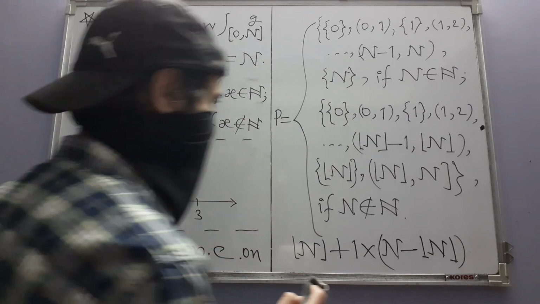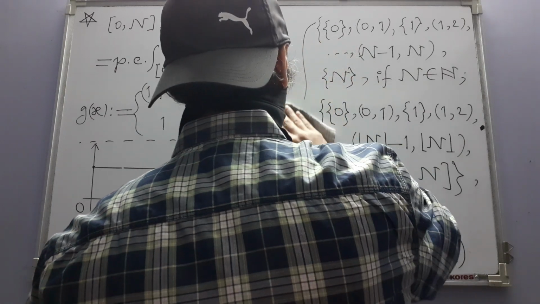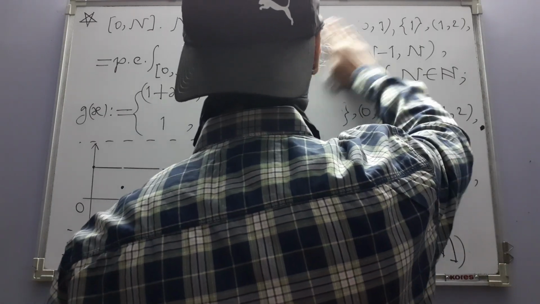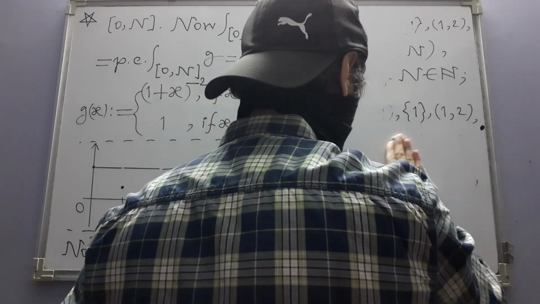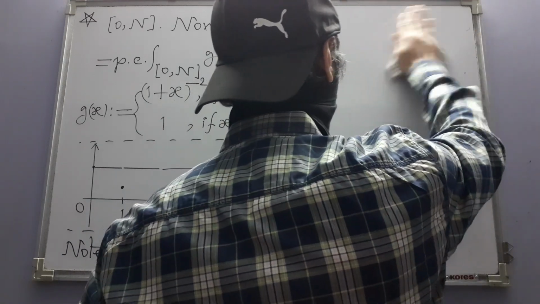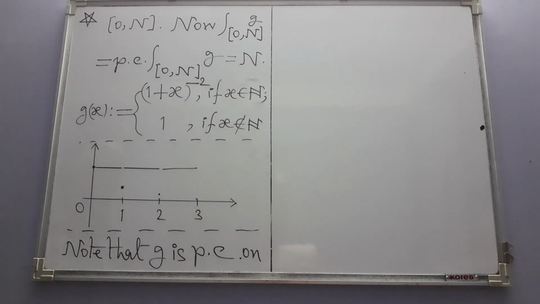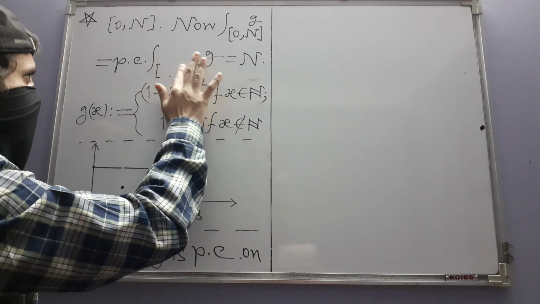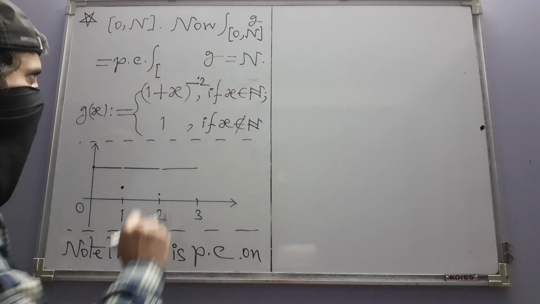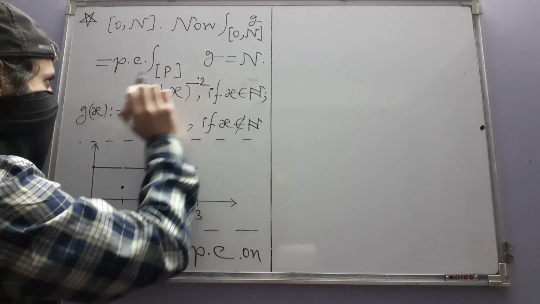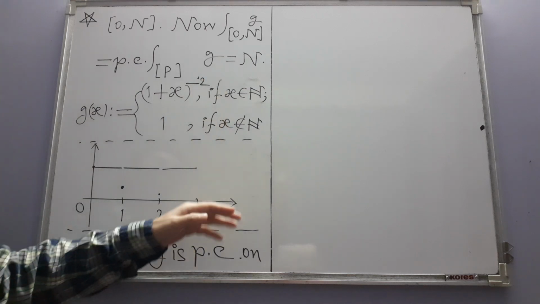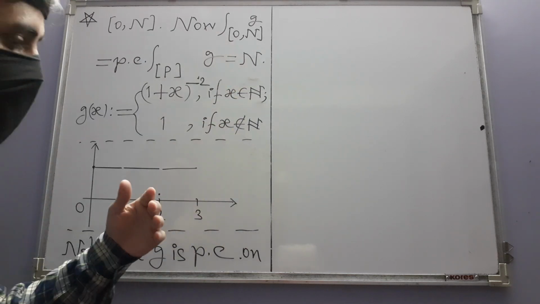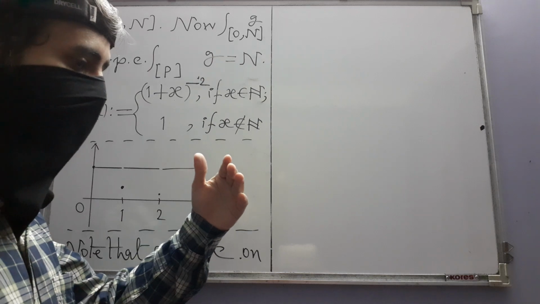Now we can erase the partition because its role is over. Oh, and I made a small mistake in notation. Here it will be P. Alright, so you can now see that unlike the previous case, now the integral values are increasing.